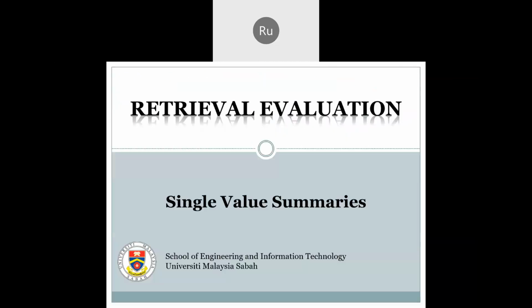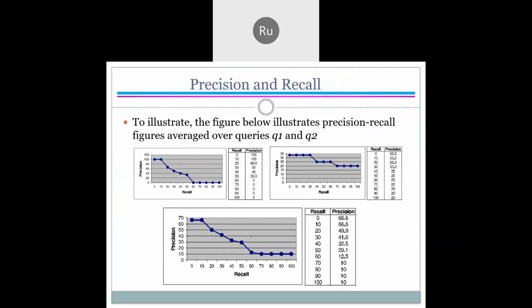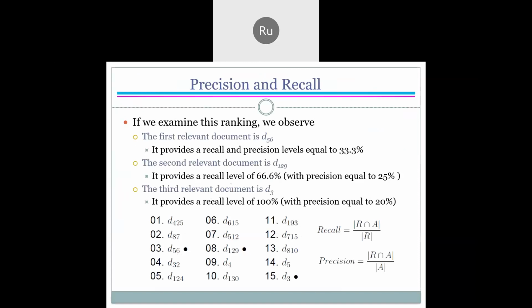So we can look at the graph as well. So for query number 1, what is the recall? The recall is 1 over 10. The precision is 1 over 5.